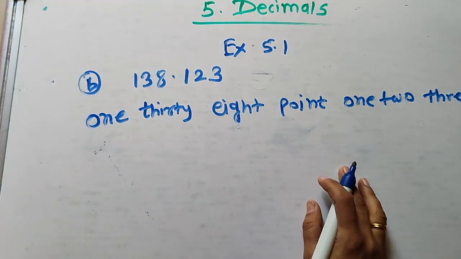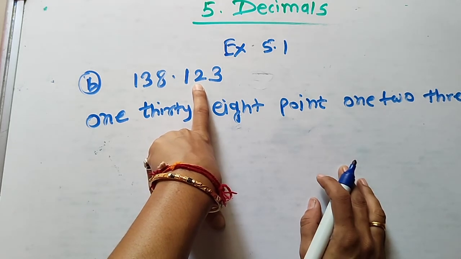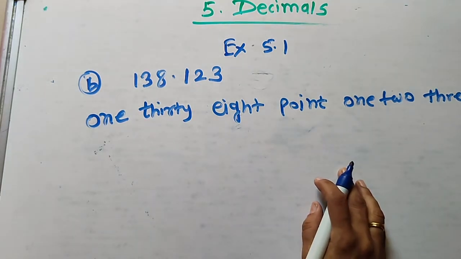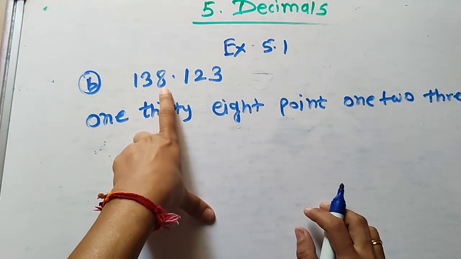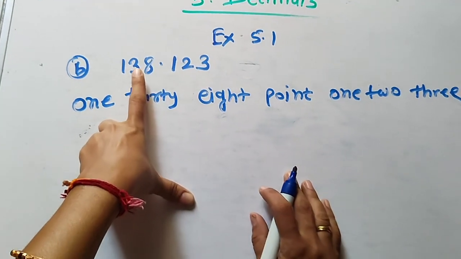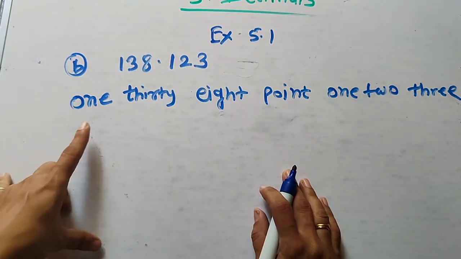Okay, we get here all this number you have to write separately after decimal point, but before decimal point you have to write the number name as usual, जैसे आप पहले लिखते थे. Okay, this is so simple. So you have to solve this question yourself in your notebook.